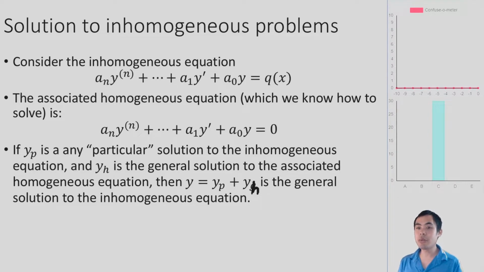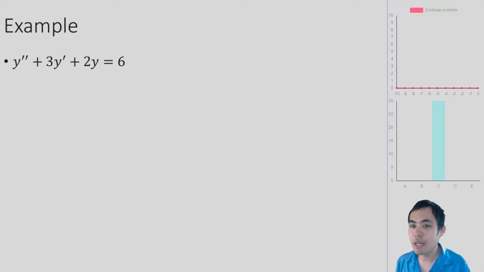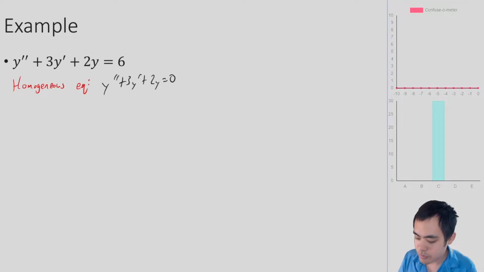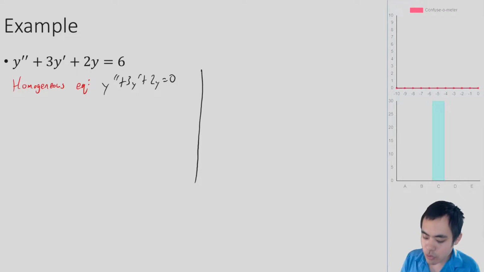So we have y double prime plus 3y prime plus 2y is equal to 6. Well, what's the homogeneous equation? The homogeneous equation is y double prime plus 3y prime plus 2y is equal to 0. If we try to solve that, you get lambda squared plus 3 lambda plus 2 is equal to 0 for our characteristic equation.